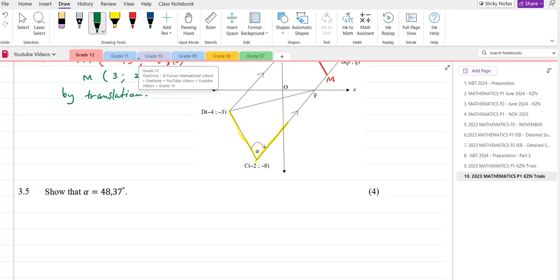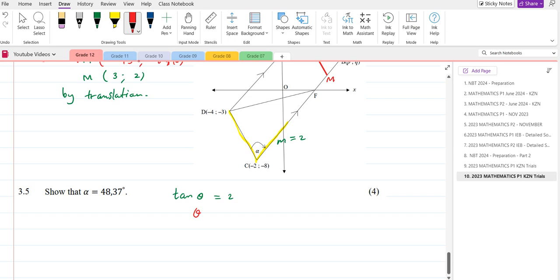So we need the gradient here, which is equal to 2, and we need the gradient of DC. So let's find, and we're going to say tan theta is equal to gradient, which is 2, for this one, because I'm finding that inclination angle theta there.